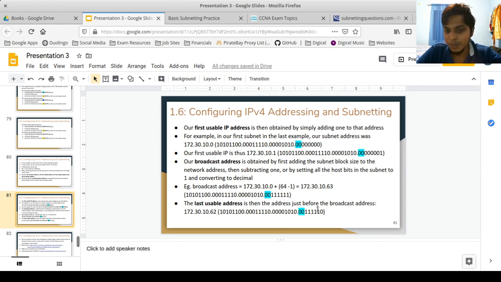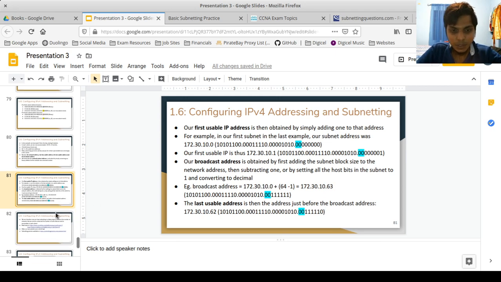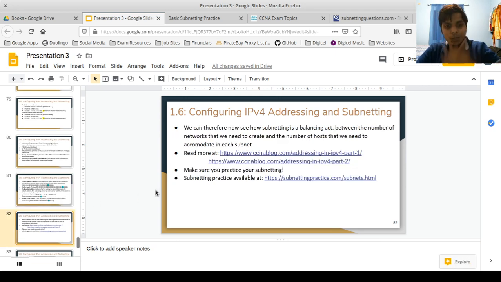Or in the binary form, we subtract 1. Say we had all ones here, we take away 1 and we get 0 there. I think I covered this before: you can see how subnetting acts as a balancing act between the number of networks that we need to create and the number of hosts that we need to accommodate in each subnet.